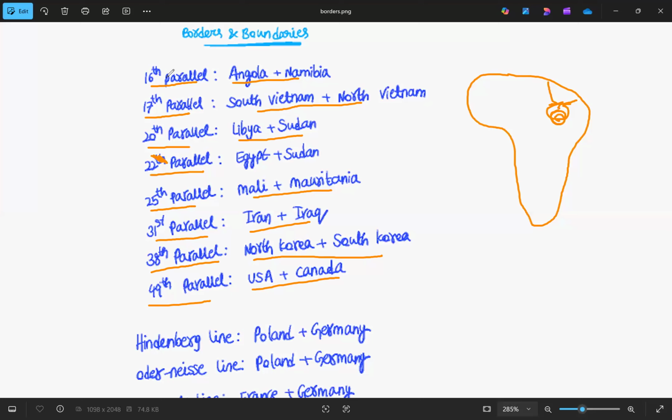And the last one is the 49th parallel. It divides USA and Canada. This 49th parallel is the longest international boundary, almost 8,900 kilometers, and it is between USA and Canada. So these are some of the parallels. Now let's move to some other boundaries.